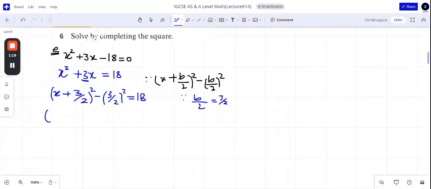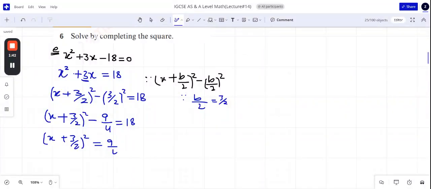Now the first value we will keep same, x plus 3 by 2 whole square, minus the square of the 3 is 9, the square of the 2 is 4, equals to 18. Now we will shift the constant value on the other side of equal. x plus 3 by 2 whole square equals to 9 over 4 plus 18.